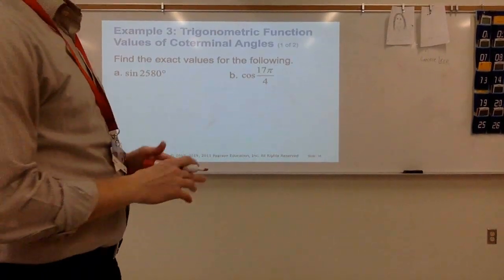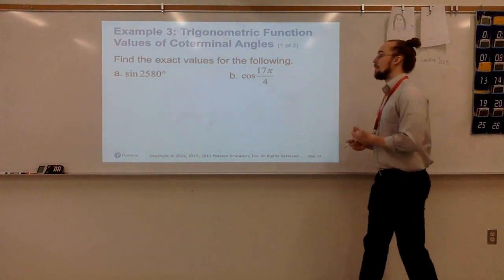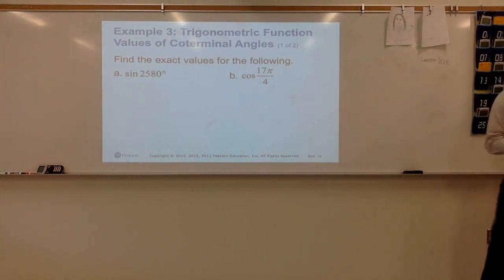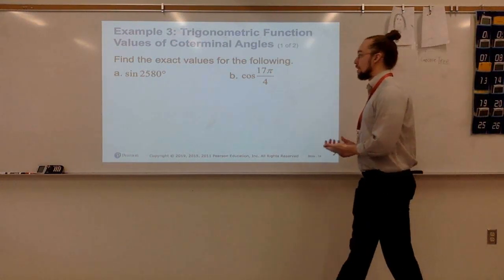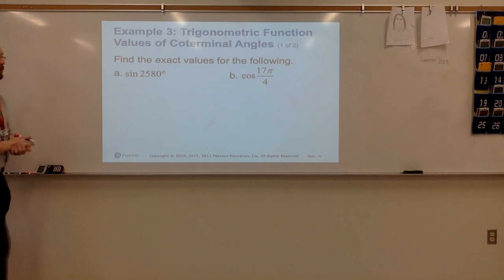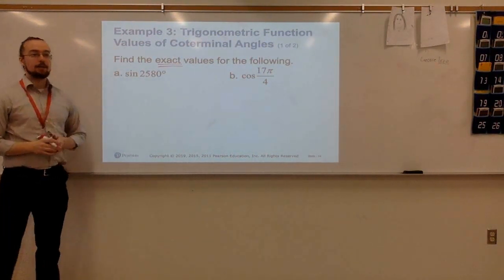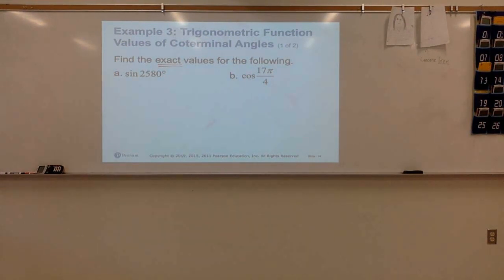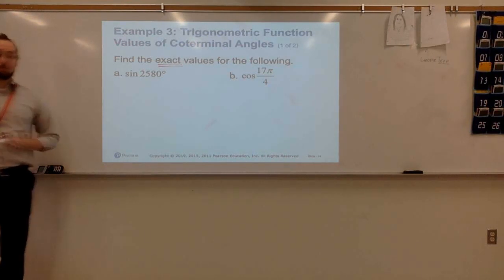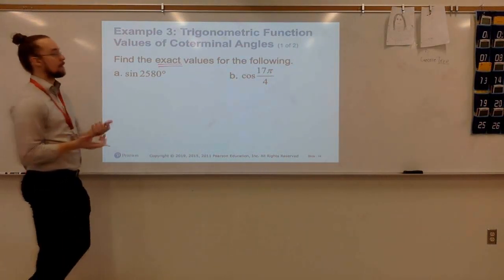So let's practice something like this. Find the exact values for the following: sine of 2,580 and cosine of 17 pi over 4. Now remember, when it says exact, you can't just type that into a calculator and give the decimal. Exact means if there is a root, like the square root of 3 over 2 or something like that.